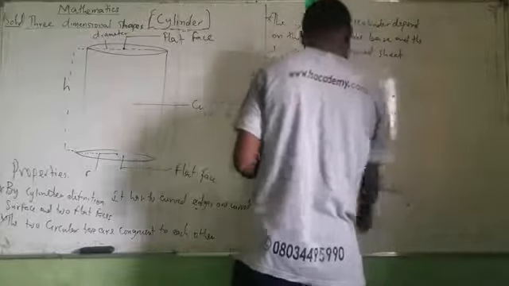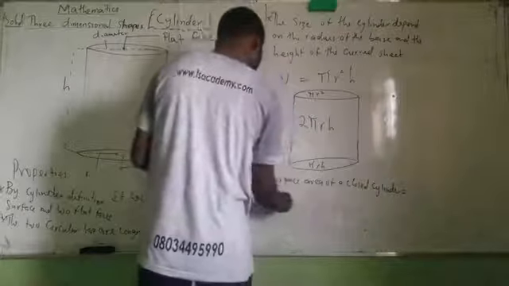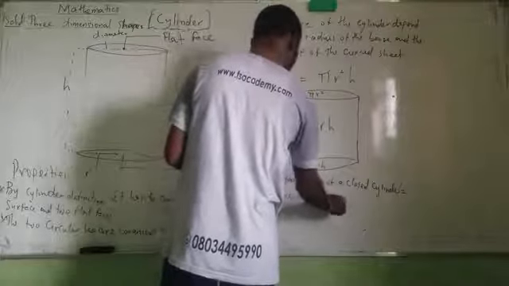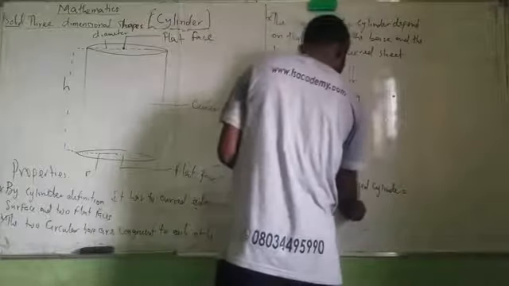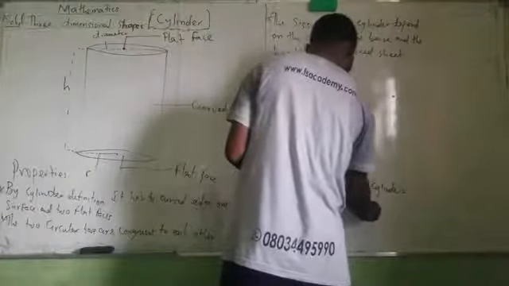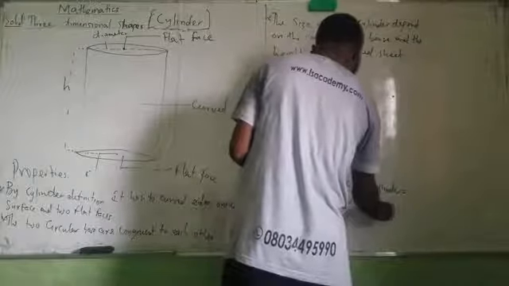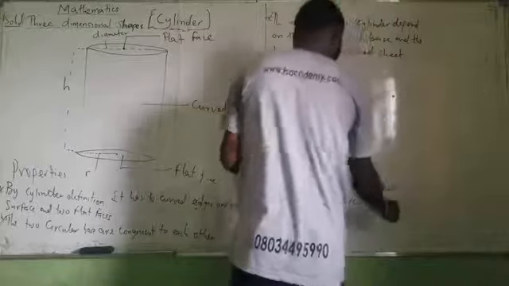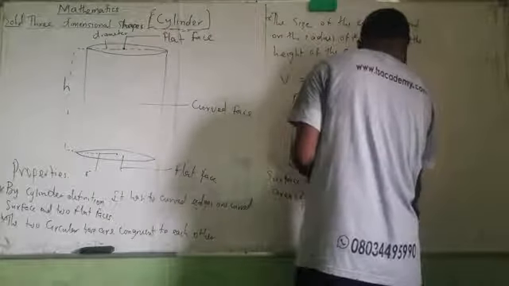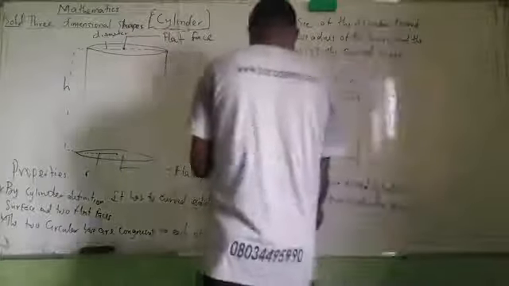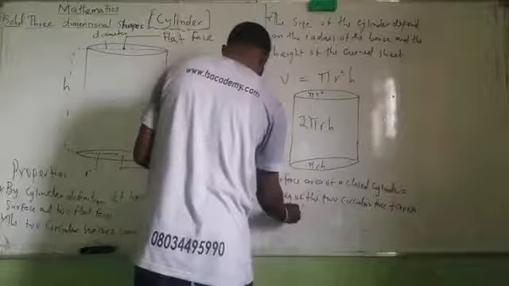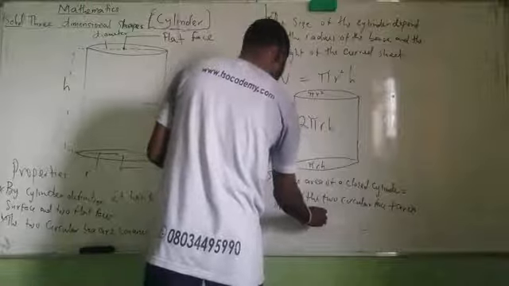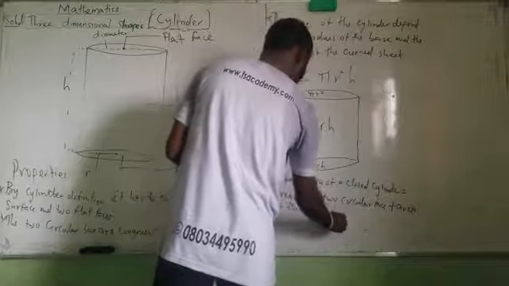It will be equal to the area of the two circular faces plus the area of the curved surface.